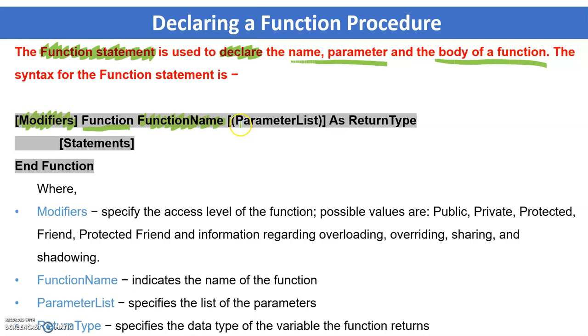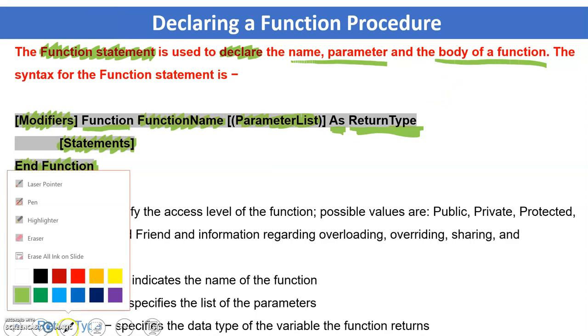After that, the list of parameters, meaning what parameters you want to pass, and then As, and then the return type. If this function is returning some value, you can simply write down the data type of the return value. Then you write your logic, your statements, and do not forget to close the function by writing End Function. It is just like in C, remember?